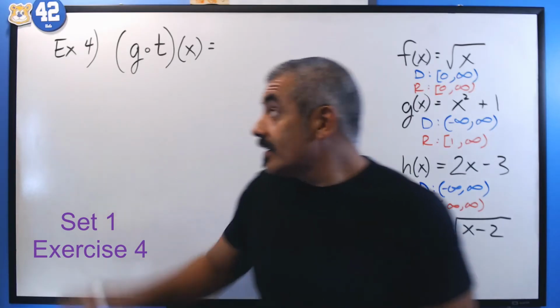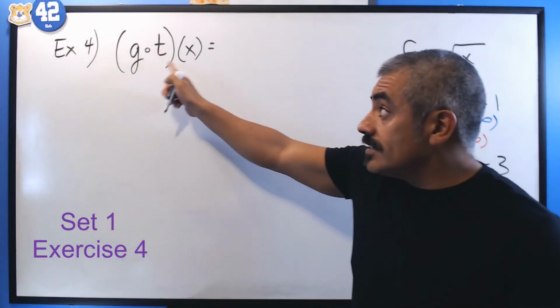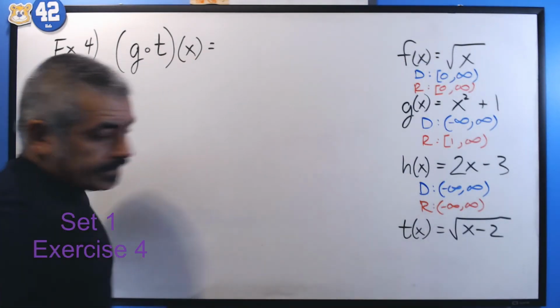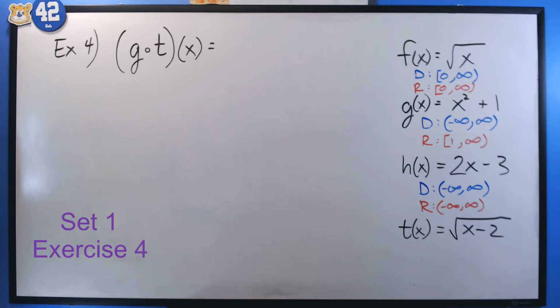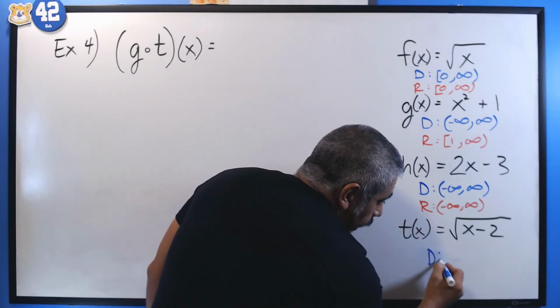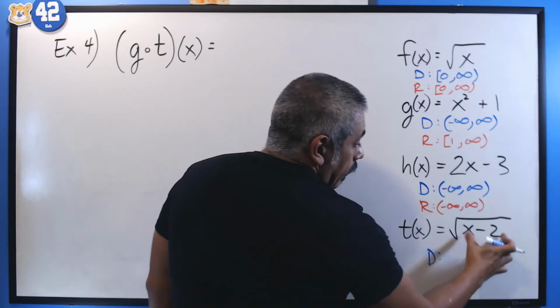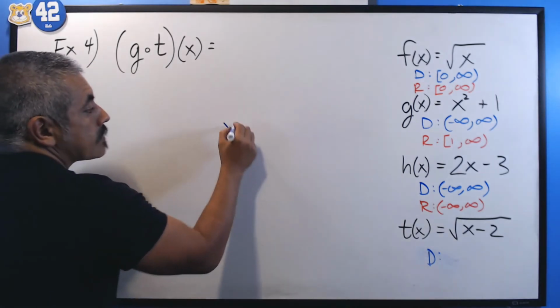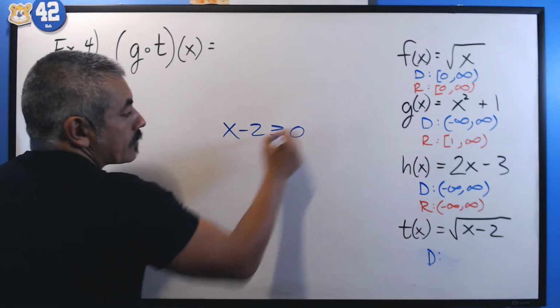Now let's take a look at example 4, which is g of t of x. We still need to find the domain of that function. So let's go ahead and find it now. The domain is going to be anything that does not make the interior negative. So in this case, we're going to say x minus 2 is greater than or equal to 0.